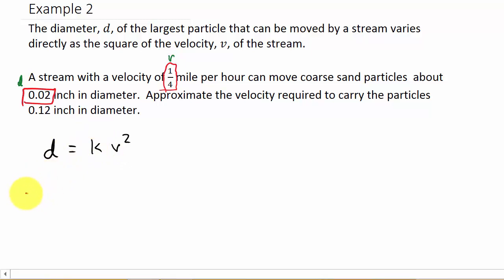So we have 0.02 is equal to K times 1/4 squared.